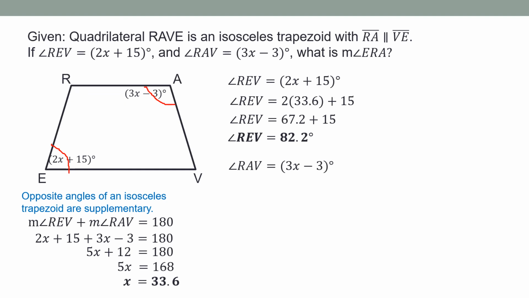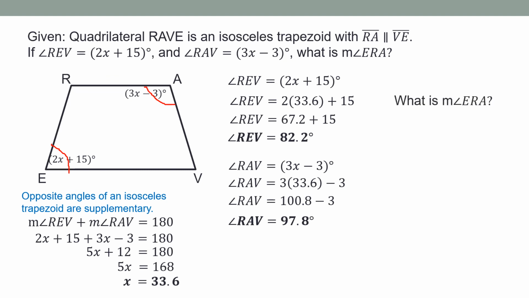Measure angle RAB is equal to (3x minus 3) degrees. Substitute the value of x. This will lead to 3 times 33.6 minus 3. 3 times 33.6 is equal to 100.8 minus 3. Measure angle RAB is equal to 97.8 degrees.